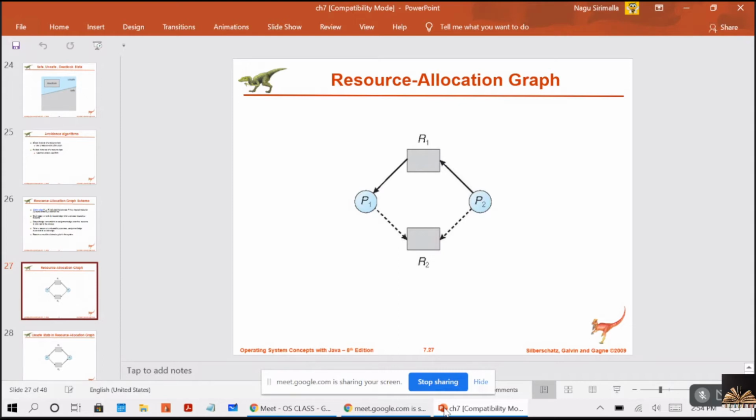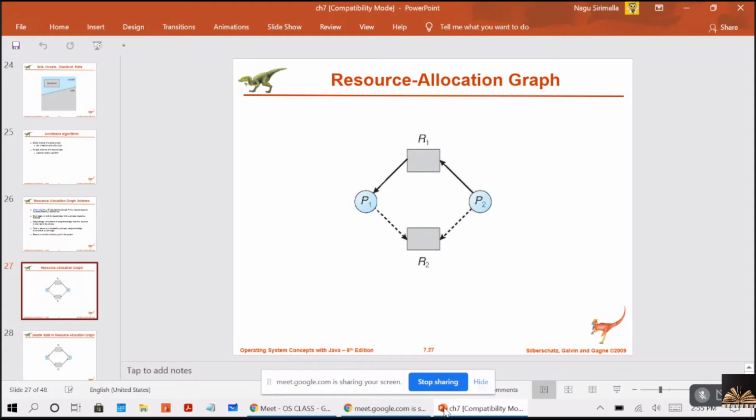Now when the PI is requesting R2, when this R2 will be given to PI, when we make an assignment edge from R2 to PI, if it is making a loop, then that resource will not be allocated to PI ma. If it is not making the loop, then only we will be giving. You are getting me? Initially, what are the request edges, what are the future requests, వాటిని మనం we will be putting in the dotted line, right?